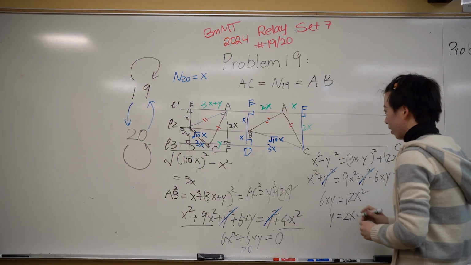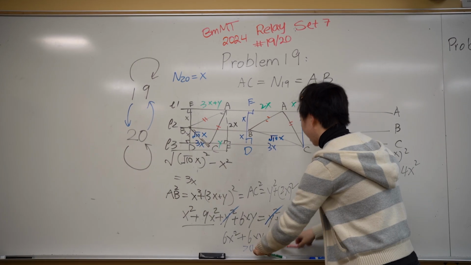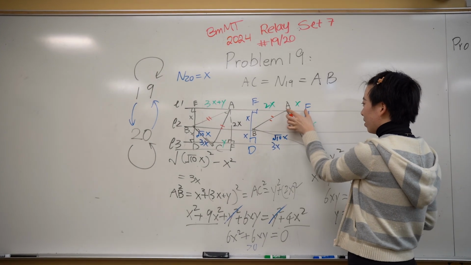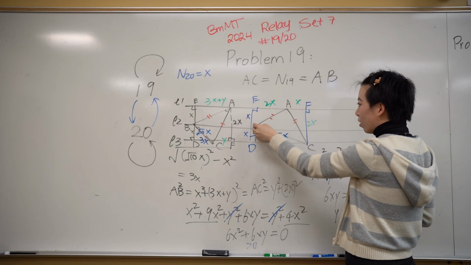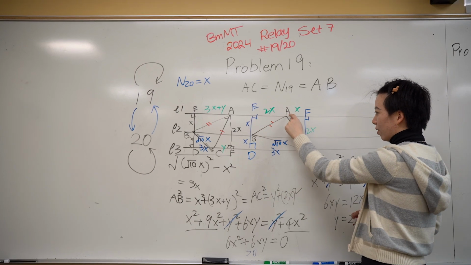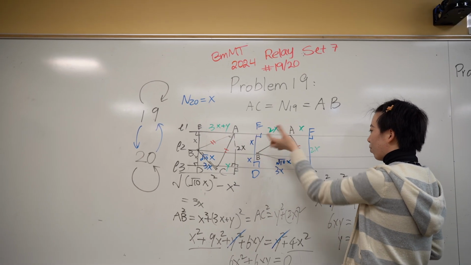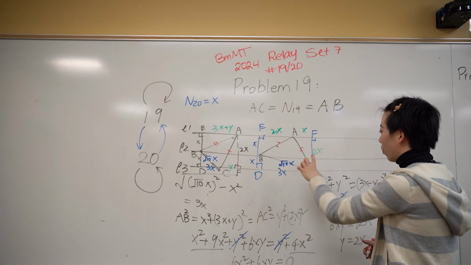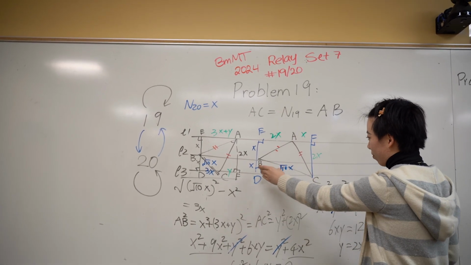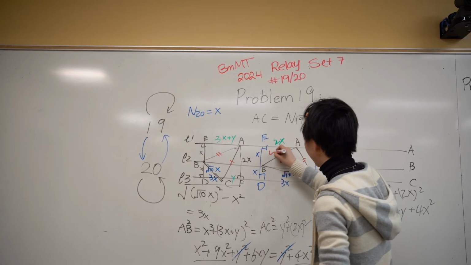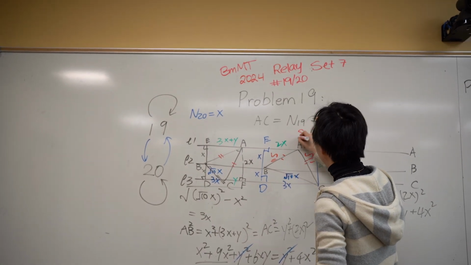An interesting thing here now is we have BE equals x, AF equals x, angle BEA as 90 degrees and angle AFC also as 90 degrees. We will also have AE equals FC as 2x. So what we can find here is that triangle BEA and triangle AFC are congruent triangles by SAS.